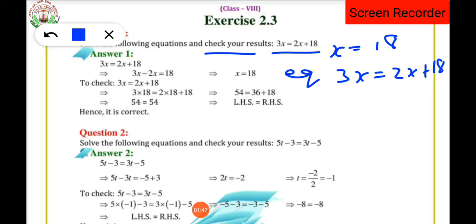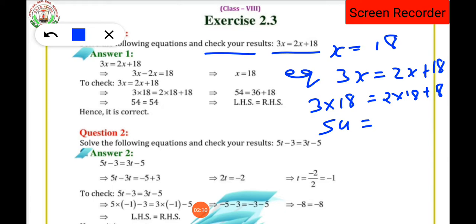For checking our result, we have to substitute the value of x in the equation. So here 3x is there, that means 3 into 18 equals 2 into 18 plus 18. Clear? Now multiply 3 with 18, it will become 54.